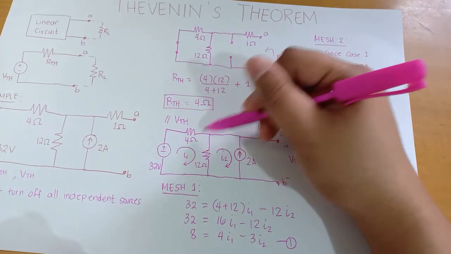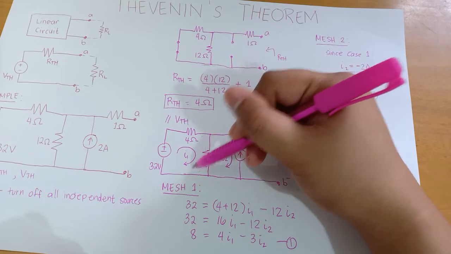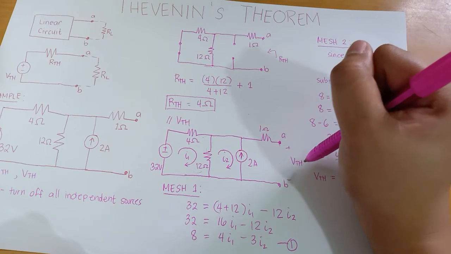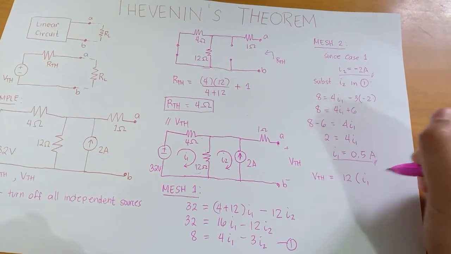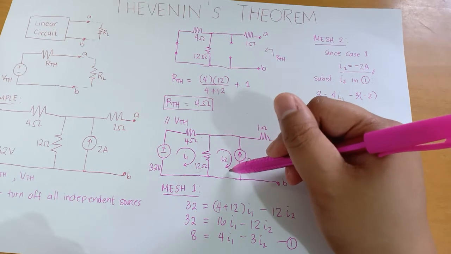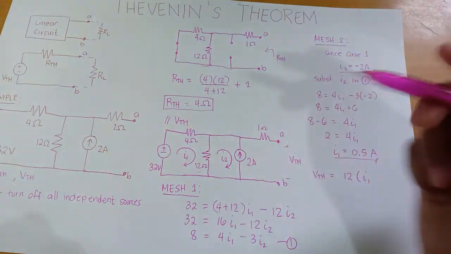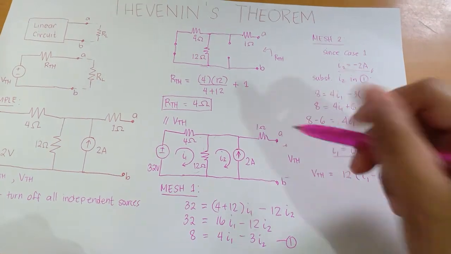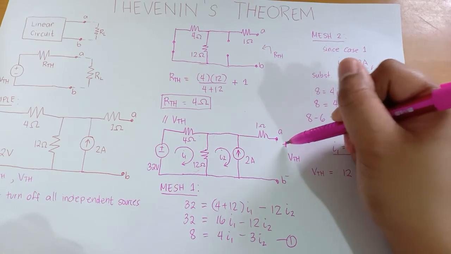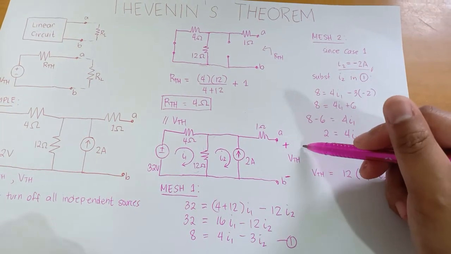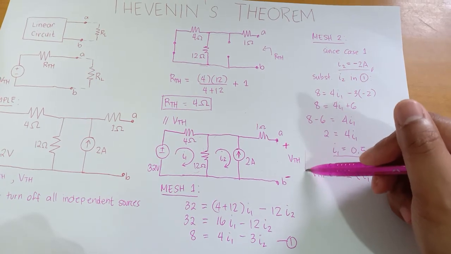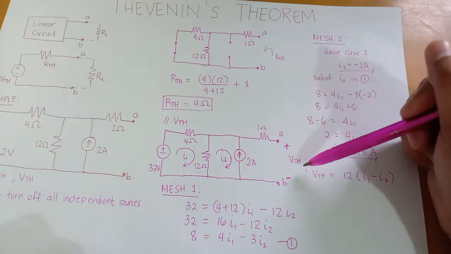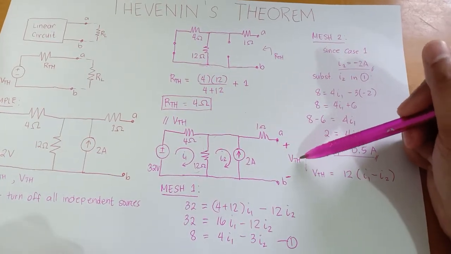Since yung current direction ni I1 ay mula dito, it follows yung higher potential, lower potential ng VTH. So, siya yung positive. Tapos, ito ay contradicting. Mula dito, papunta dito yung current flow niya. So, si I2 yung negative. Kasi yung ating VTH ay, ito yung positive, ito yung negative. Ang current flow niyan ay from higher potential going lower potential, di ba? So, itong I1, it follows the direction para sa VTH.